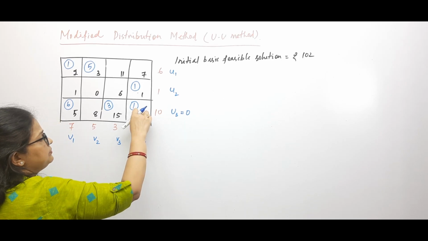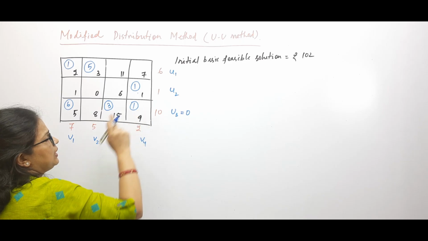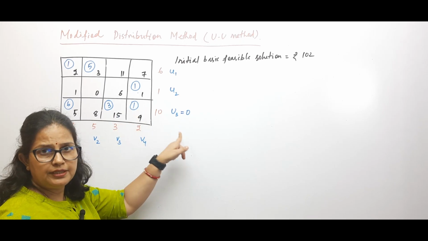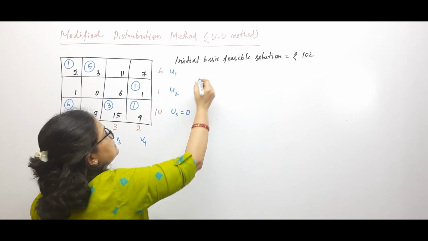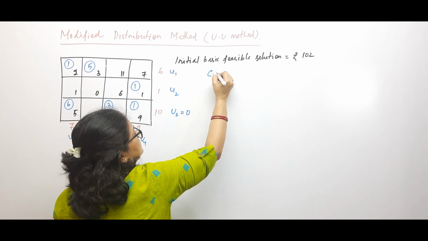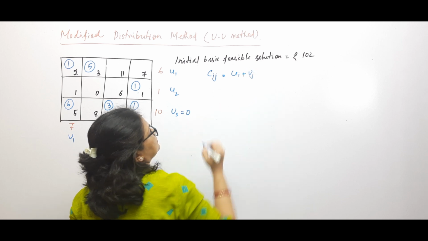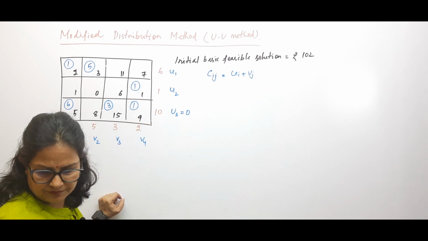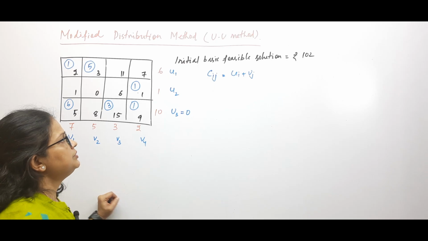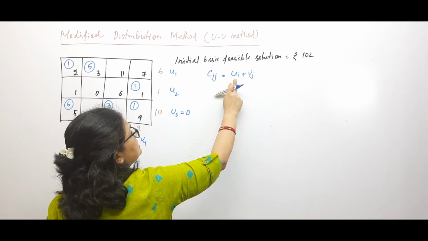Now to calculate V4, there is a formula to calculate U and V, that is Cij equal to Ui plus Vj. What is Ui?